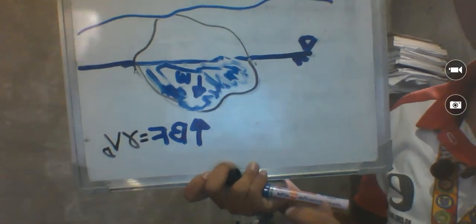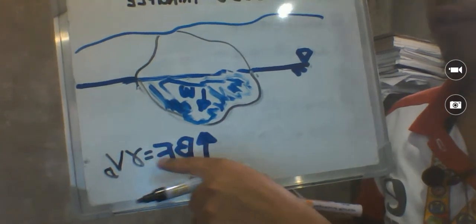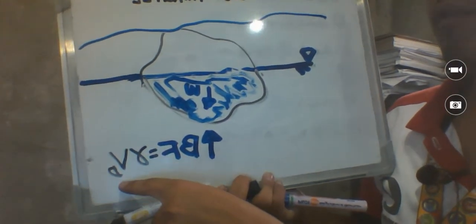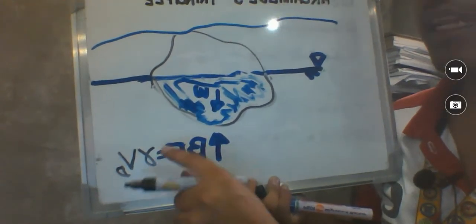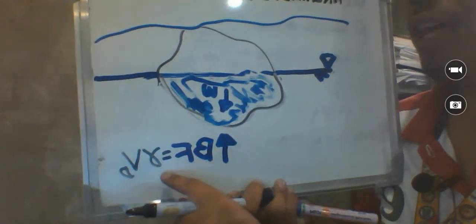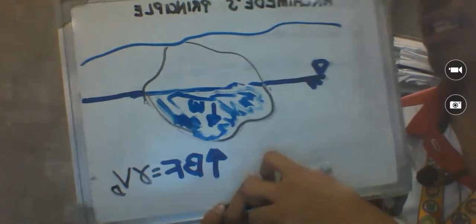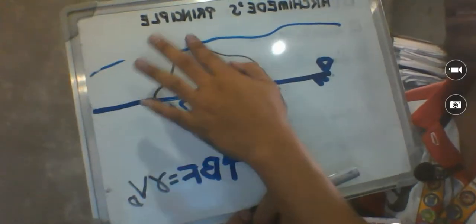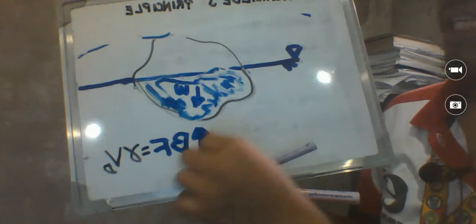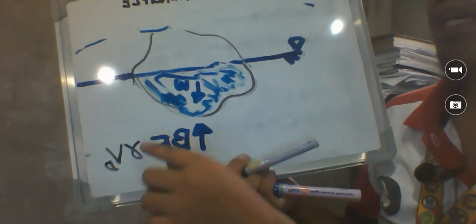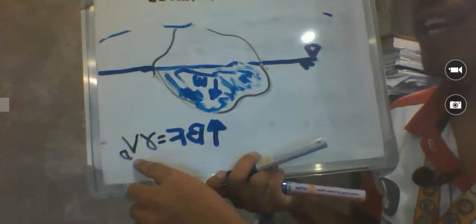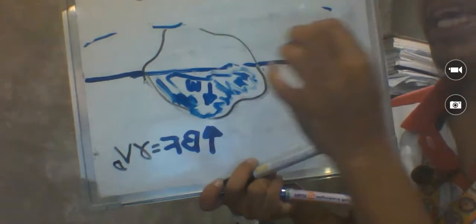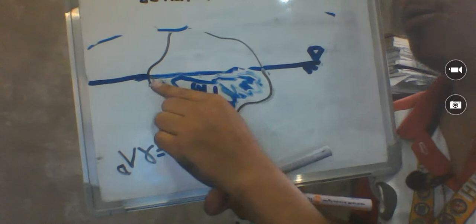Okay? Formula ng buoyant force is equal to gamma of fluid times the volume displaced. Take note, sa prelim natin, na-discuss natin na yung gamma is the unit weight of the fluid. For example, yung gamma dito is yung gamma ng salt water. Tapos yung VD or yung volume displaced is yung volume ng nakalublob sa tubig.